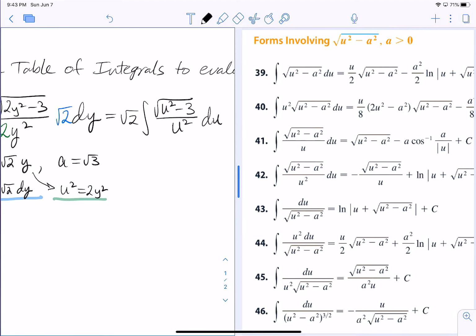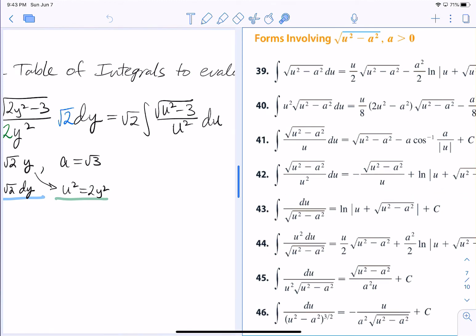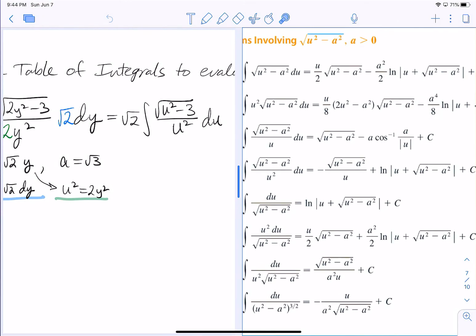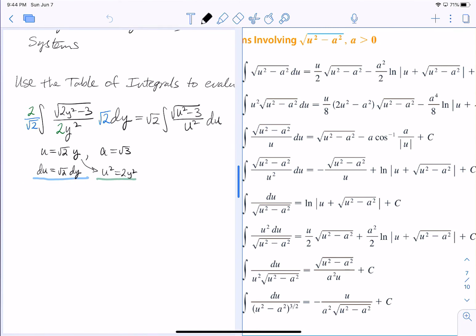du. Now that we have that straightened out, let's see what the integral evaluates to on the other side of the equal sign on the right-hand side. We have negative square root of u squared minus a squared over u plus the natural log of the absolute value of u plus the square root of u squared minus a squared plus c. That's quite a bit to write, but we're mostly going to be copying and just replacing as we go.